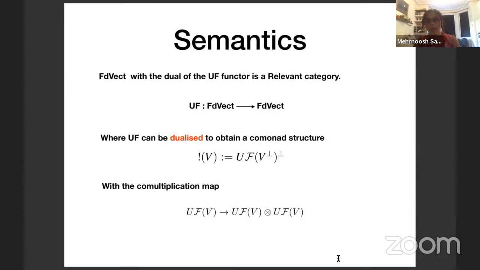So the UF is going to give you a monad, you dualize it to get a comonad, and work with the dual of the multiplication map to get a co-multiplication map. It's a complicated operation, and I haven't understood it yet. My understanding is that the multiplication over the tensor algebra concatenates at different layers, layer-wise.